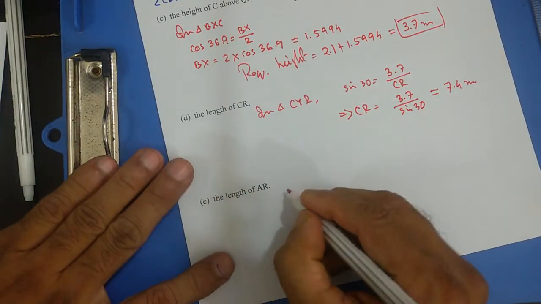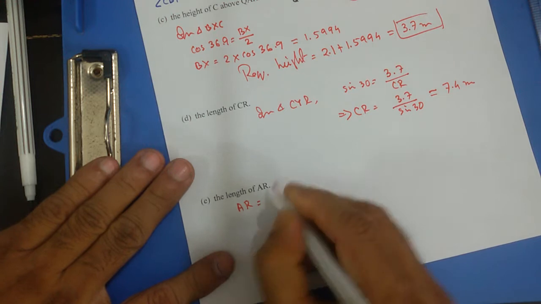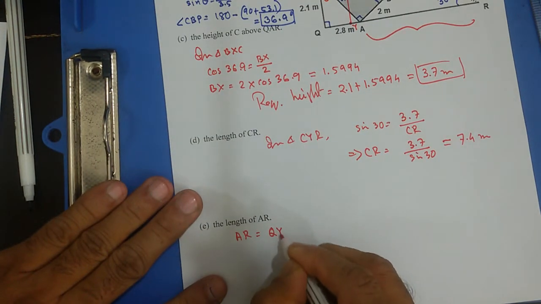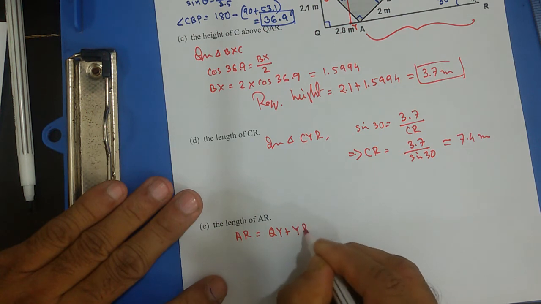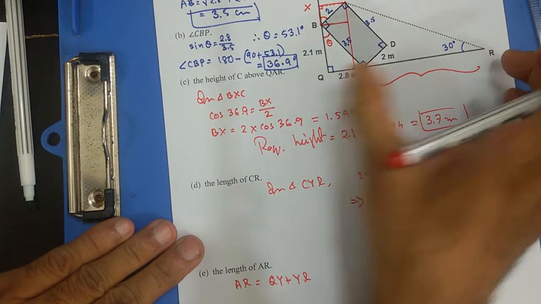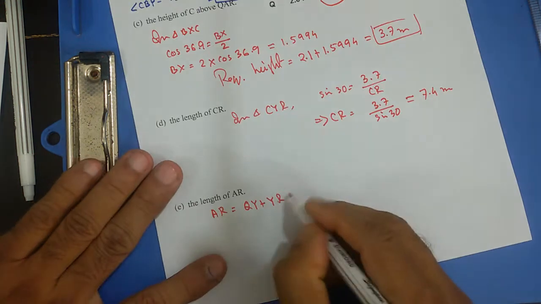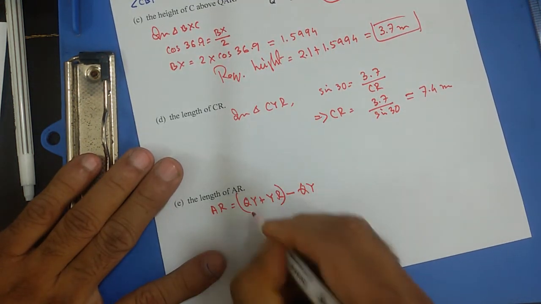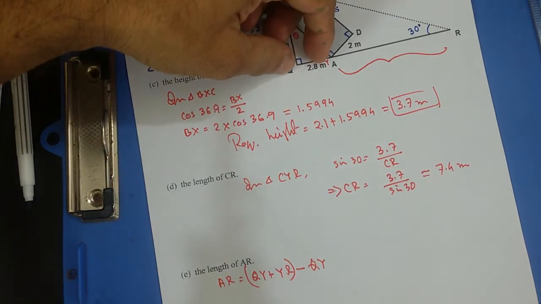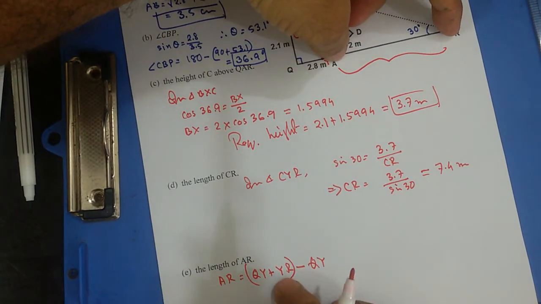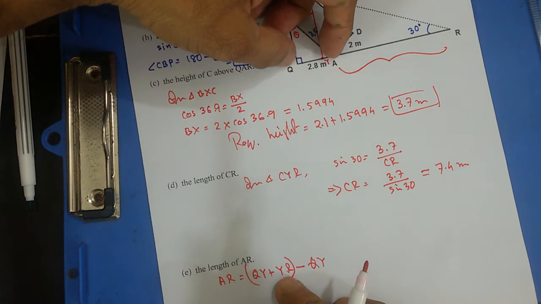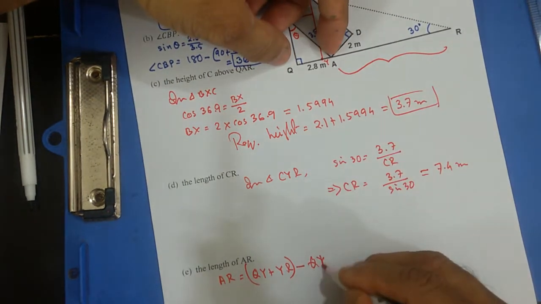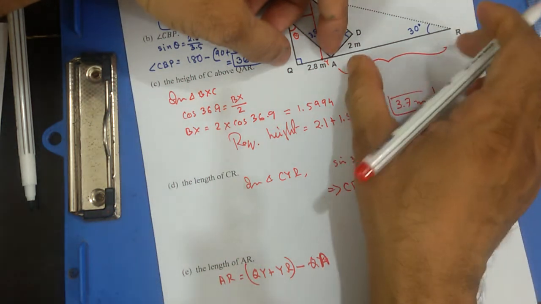So that's what I'm going to do. I'm going to write AR equals QY plus YR, that makes QR, minus QA, then I'm going to get AR.